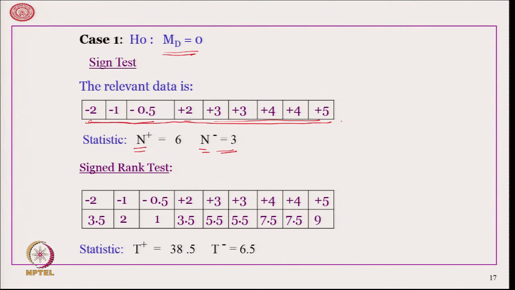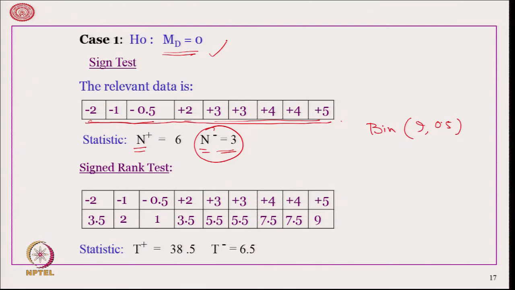Therefore, we know that we have to look at binomial 9, 0.5, and we have to see the cumulative probability of n minus, and from there we should be able to decide whether to accept or reject.